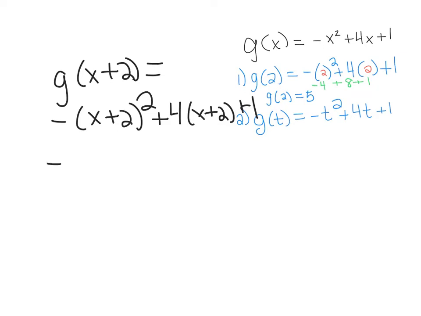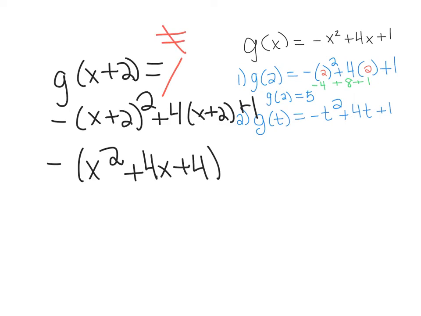So the first thing I'm going to do is have my negative on the outside. When you square this, you get x squared plus 4x plus 4. This does not equal x squared plus 4. You have to actually FOIL it out. Plus 4x plus 8 plus 1. Now I'm going to distribute the negative I had out front.